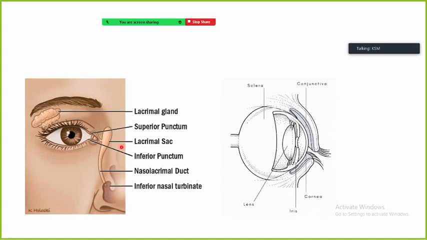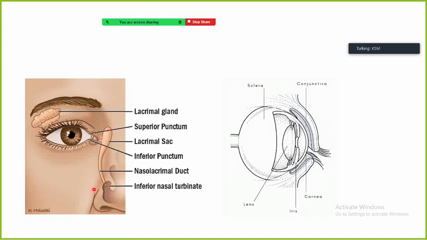So as you know, the eye is the window to the world that we see, and to understand the world and to see, the eye is the important part of the anatomy. It contains the lacrimal gland, which produces the tears, which come down to the lacrimal lake, and the tear is filled over here, and then it's drained on the medial side of the eye through the small punctum.